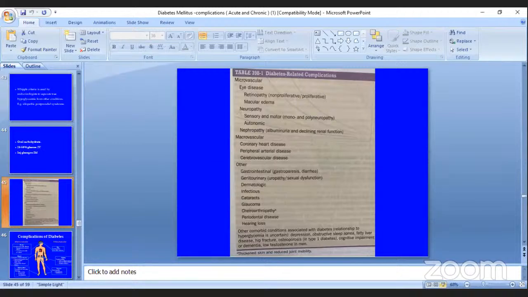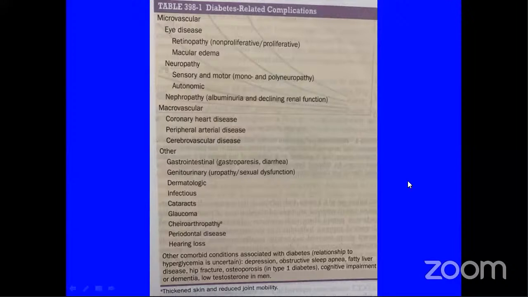Okay. Then the chronic complication is classified into vascular and non-vascular. Again, this vascular complication is microvascular and macrovascular complications.